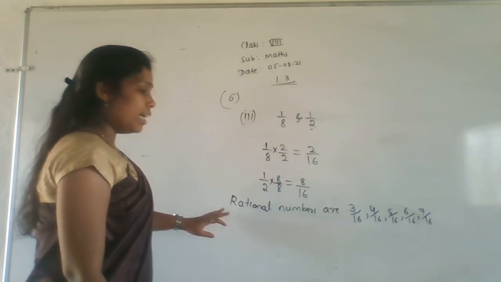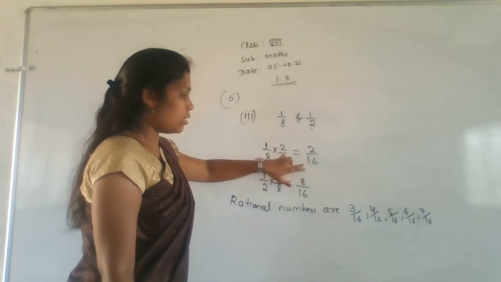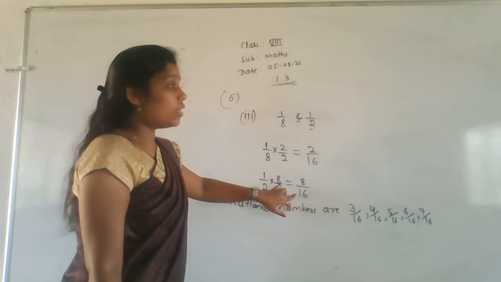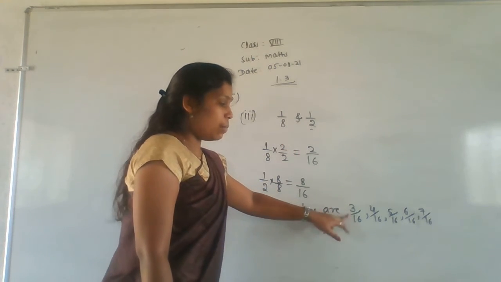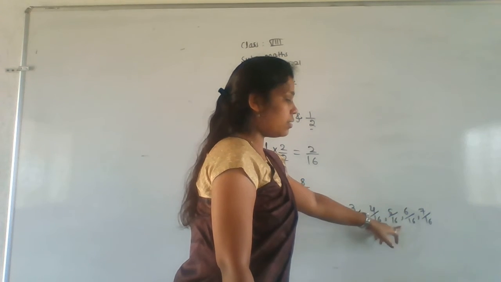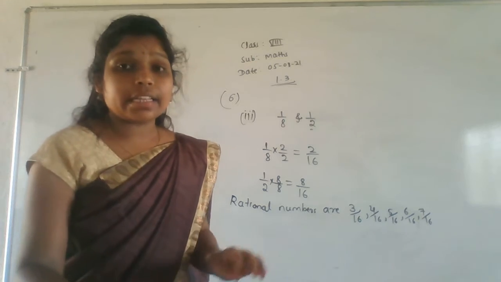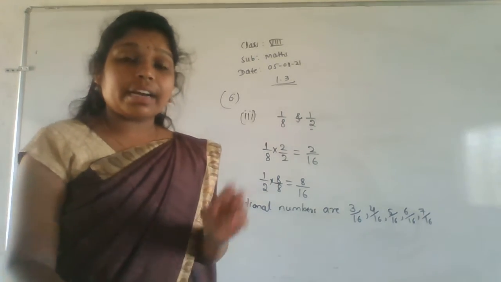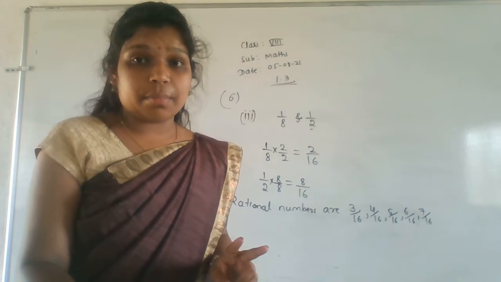So these are the rational numbers in between 2 by 16 and 8 by 16. That is the answer. Like this we have to find the rational numbers between the given two rational numbers.